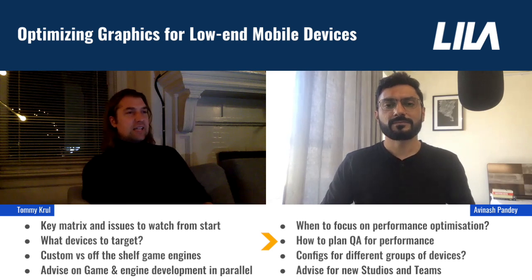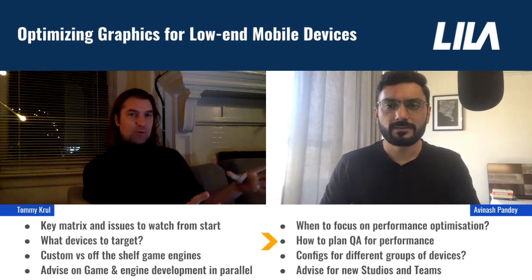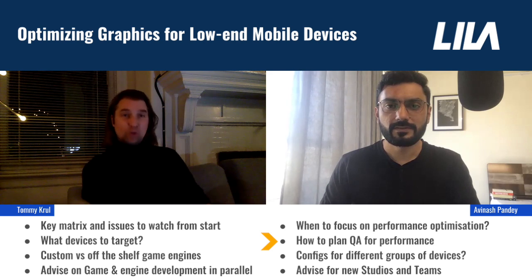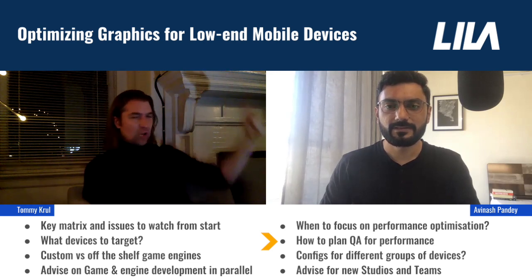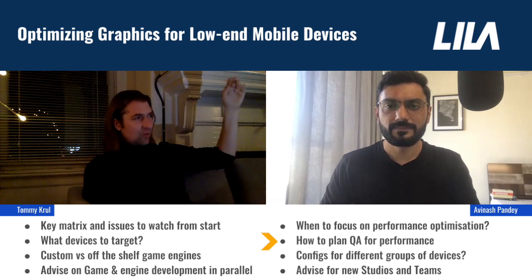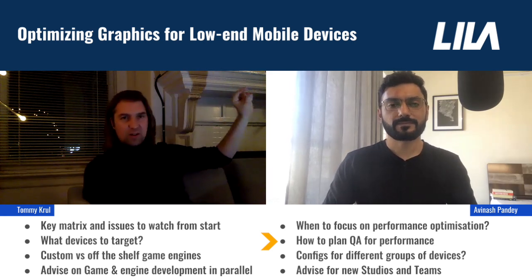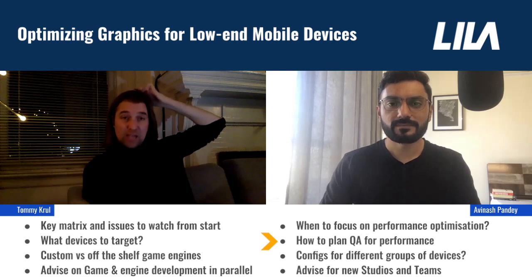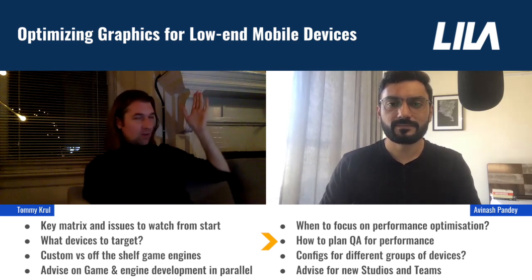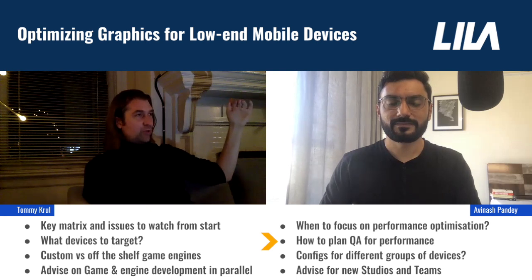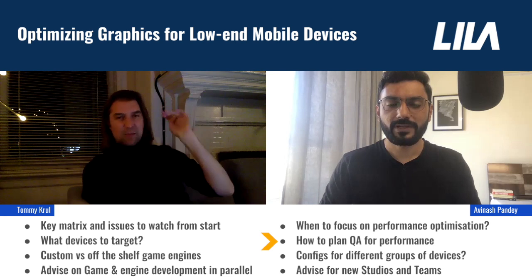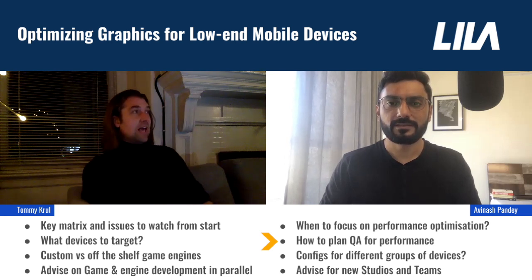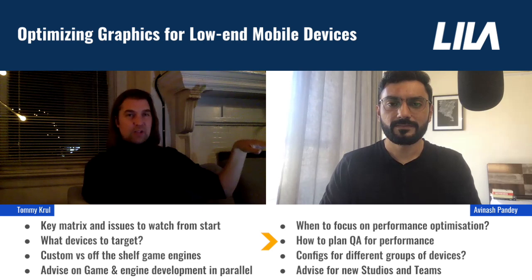The first phase of our optimization pass was literally those devices. We put them in an Excel sheet, with devices on one axis and a couple of locations within the game on the other, and for each location we had the build number. I would just ask our QA guy, okay, build the game, this build revision number, for these 15 devices. Tell me what the frames per second is on this location of the map, this location, this location. Then we would make some changes and do it for the next build.